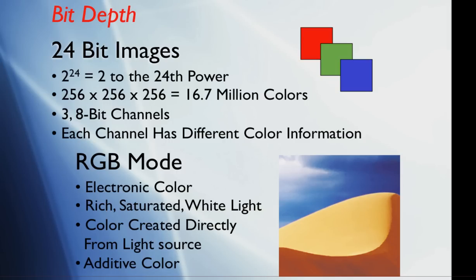It's also, in the lingo of color language, called additive color. And I've always just said to myself, oh yeah, it's because when you add them all together, you get white. So it's additive color.